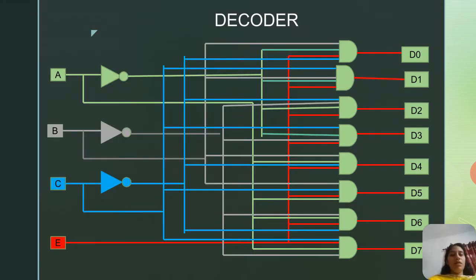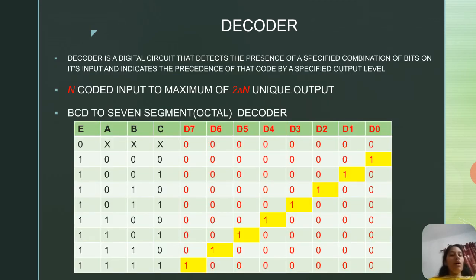Based on that, we are constructing a circuit, where A, B, C, and E are the input portions, and D0 to D7 are the output portion. Here you have to consider one thing: you have to make the outputs D0 to D7. For that you have to mention where the 1 occurs, and that should be plotted in the circuit. In the case of D0, the value of A is 0, B is 0, C is 0.